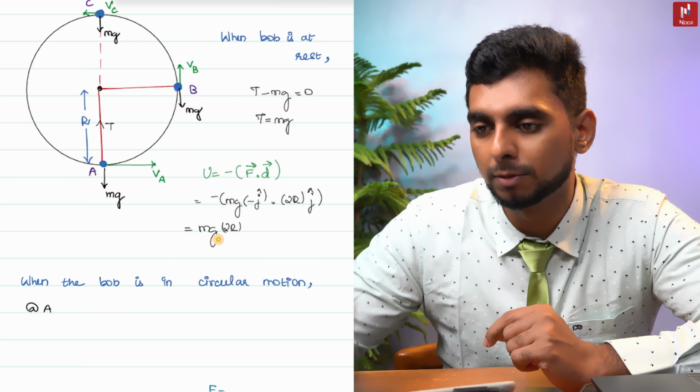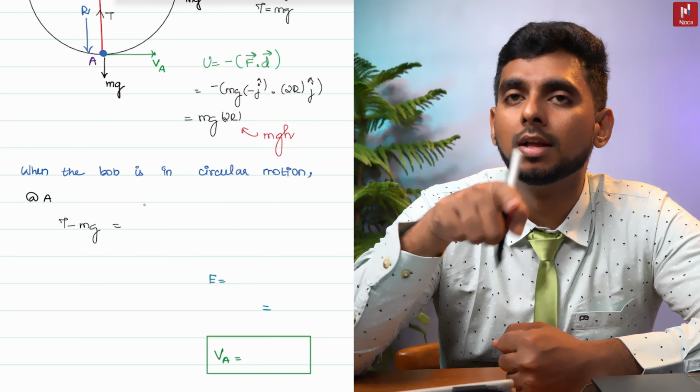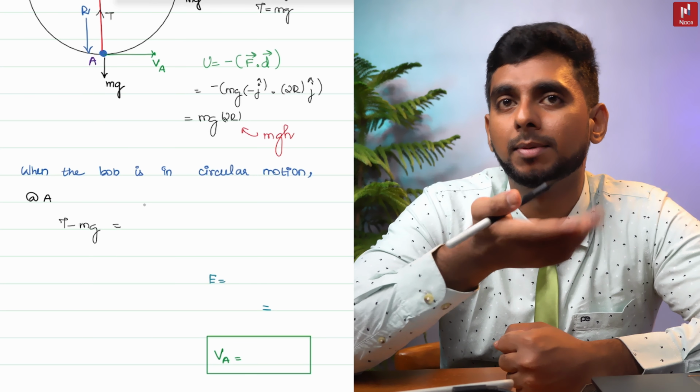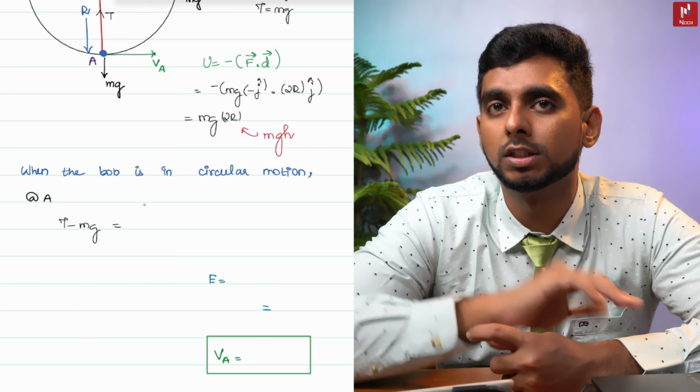If it has to move in a circular path, the tension in the string should be greater than in the rest condition, because that is when you end up having that extra centripetal force responsible for the circular motion. So when you subtract these two, T minus mg, the right-hand side is not going to be 0, because you have a certain acceleration, which is m a centripetal. From the experiment it should be obvious. It is moving in a circular path, therefore you should have an acceleration. That's obvious, right? m a centripetal.